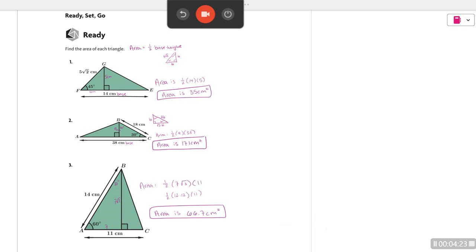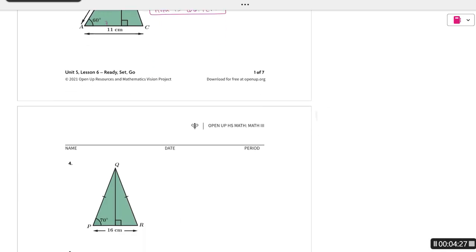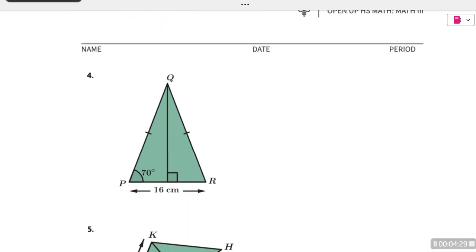Okay, let's move on to question 4. Another triangle here. This one's isosceles, so it's not a special right triangle, but I see that we have these two side lengths the same, which means these two angles must be the same. So we actually have two congruent triangles here.